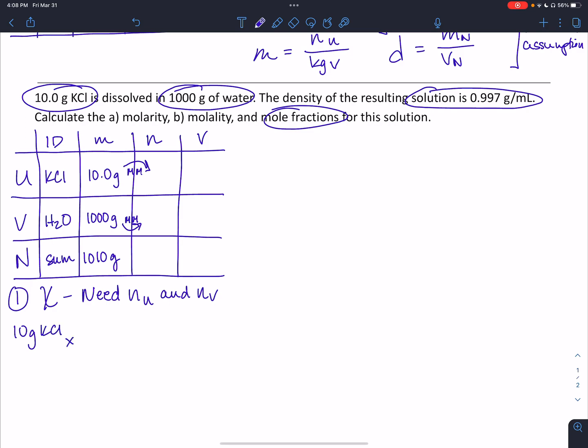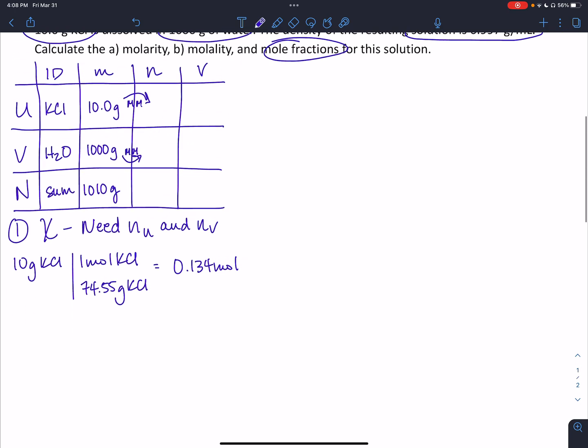I use my periodic table to figure out the molar mass, and I see that 1 mole of KCl has a molar mass of 74.55 grams. If I do that division, I have 0.134 moles of KCl. So I'm going to put that in my table, 0.134.